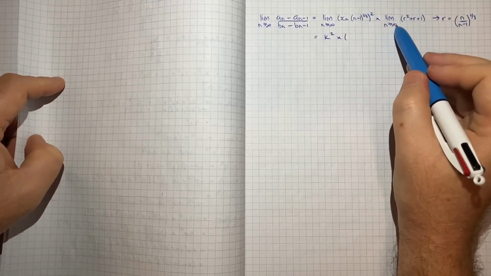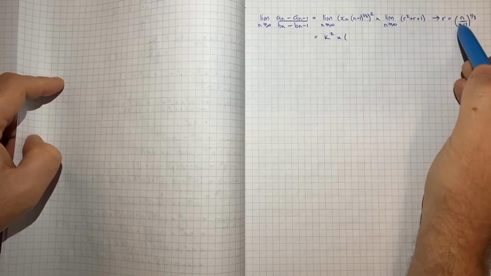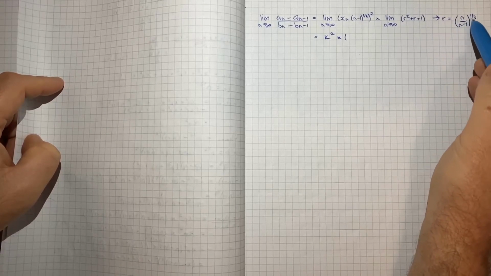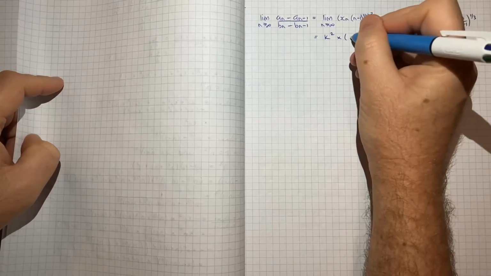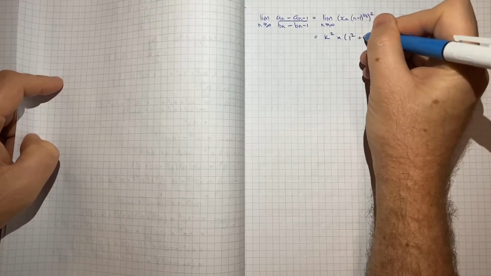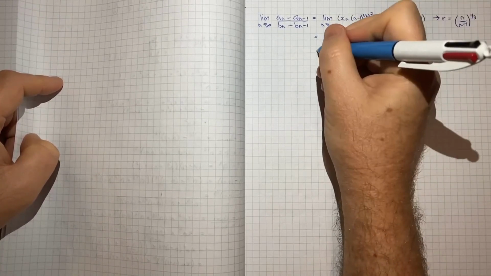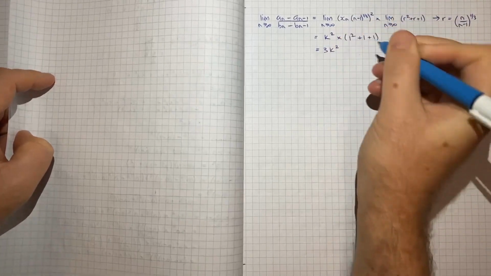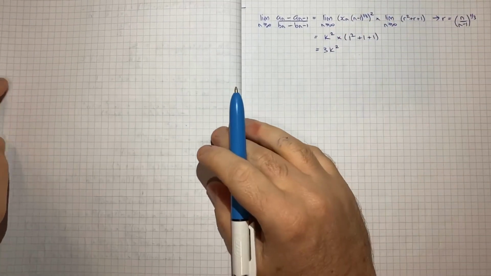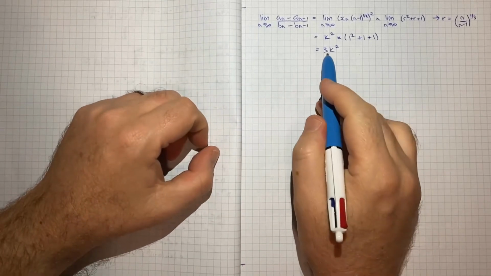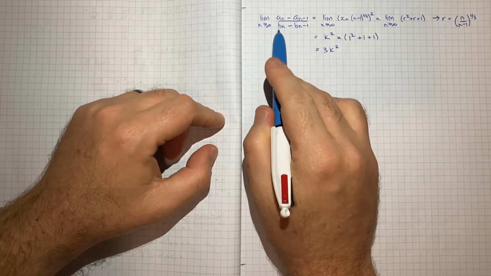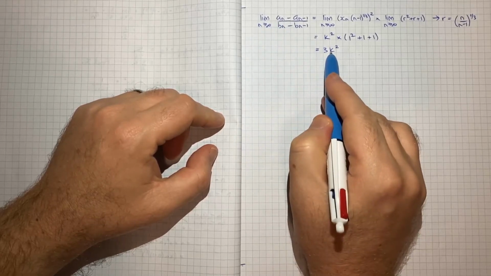Now as n goes to infinity, r would go to infinity on infinity, which is 1. 1 to the third was still 1. So we'll get 1 squared plus 1 plus 1. So this will simply come down to 3k squared. So that's a good start. We've got our first limit in terms of k.